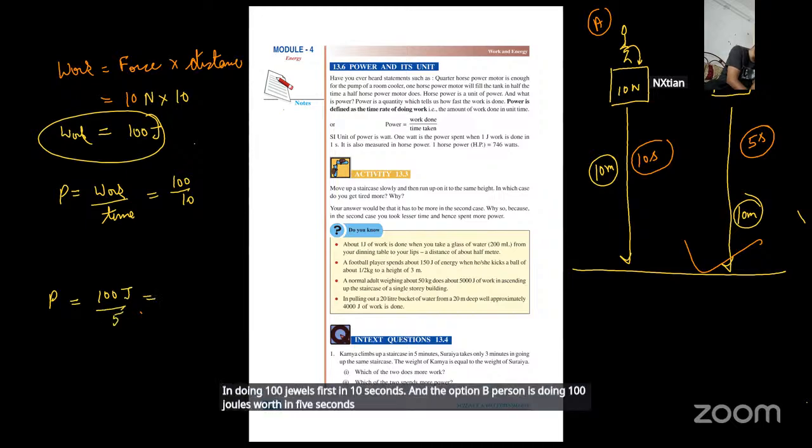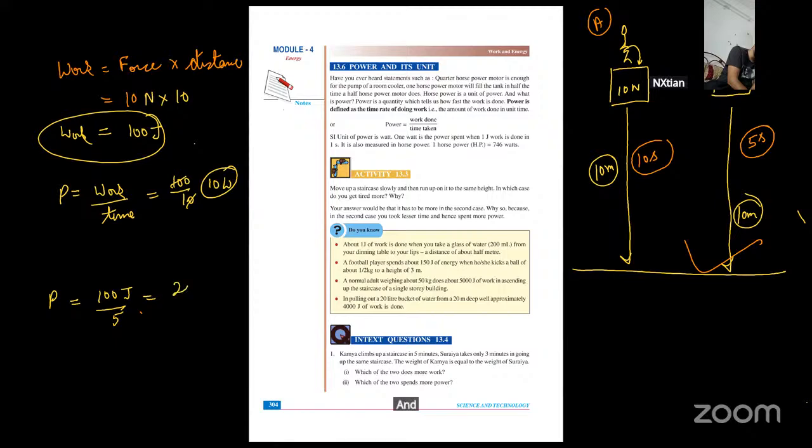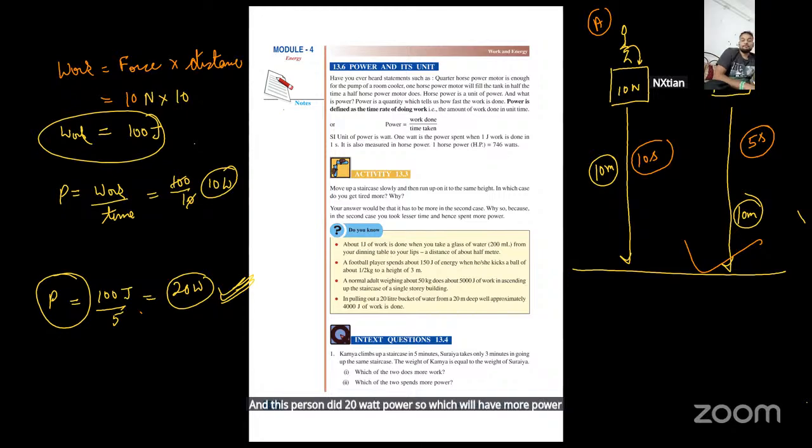If you calculate it, you will get that this person did 10 watt power and this person did 20 watt power. So which will have more power? Option B will have more power.